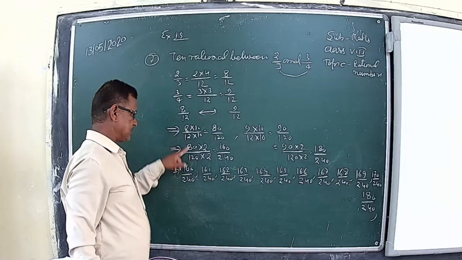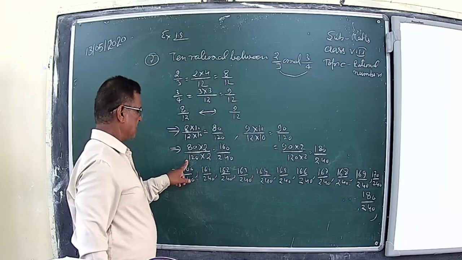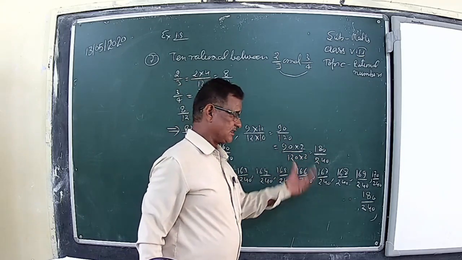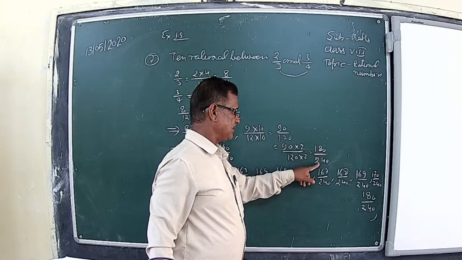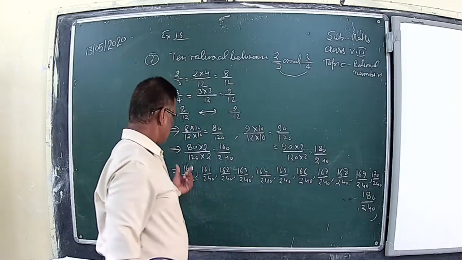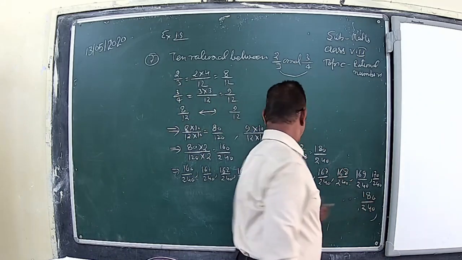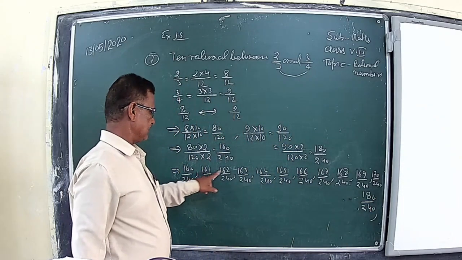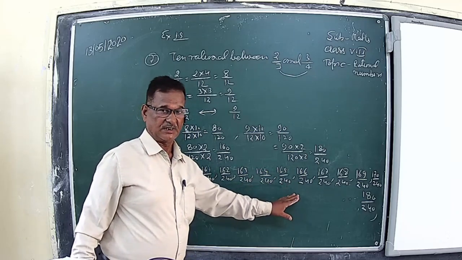Multiply by 2 with 80, then we get 160 over 120 into 2, 240, and the other rational number changes into the bigger equivalent rational number, that is 180 by 240. Count the integers between 160 and 180, that is 161, 162, 163 and so on. That gives the 10 rational numbers between the given rational numbers.